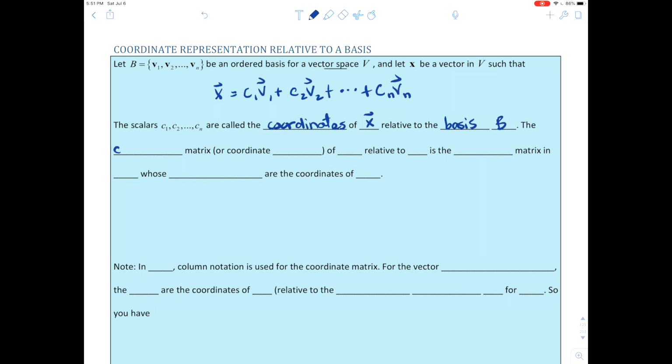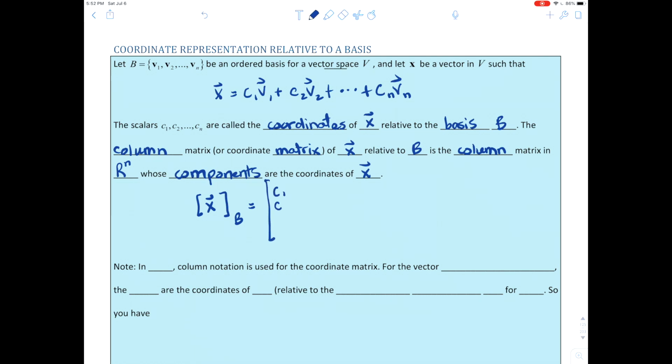The column matrix or coordinate matrix of X relative to B is the column matrix in Rn whose components are the coordinates of X. So this is the notation: the coordinate matrix of X relative to the basis B equals (c1, c2, all the way down to cn).